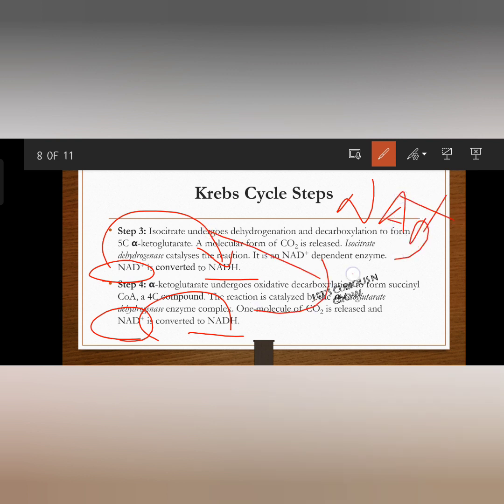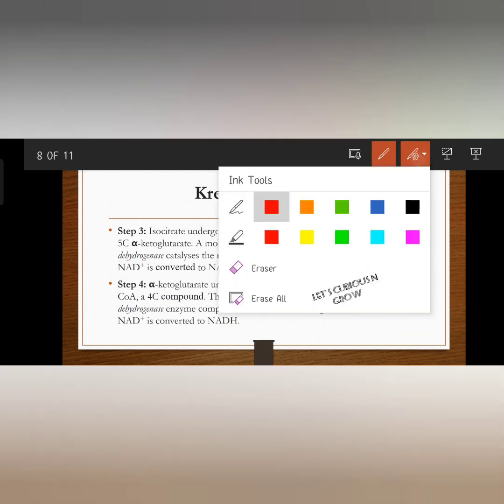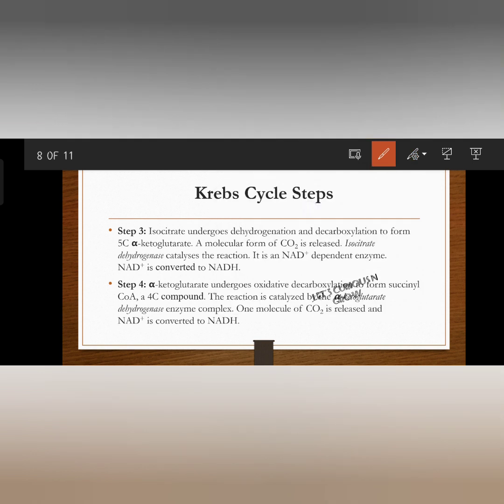It is dependent on NAD positive, and NAD positive is converted into NADH. In the 4th step, alpha ketoglutarate undergoes oxidative decarboxylation to form succinyl coenzyme A, a 4-carbon compound.